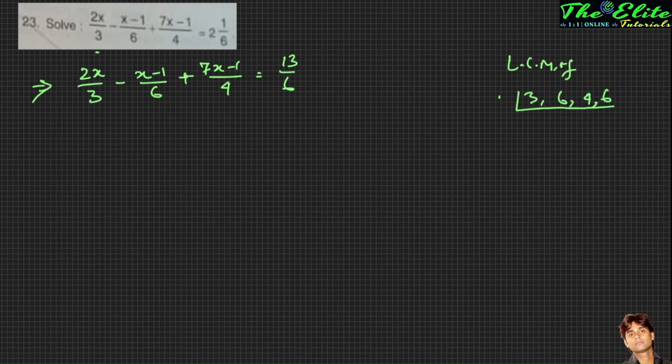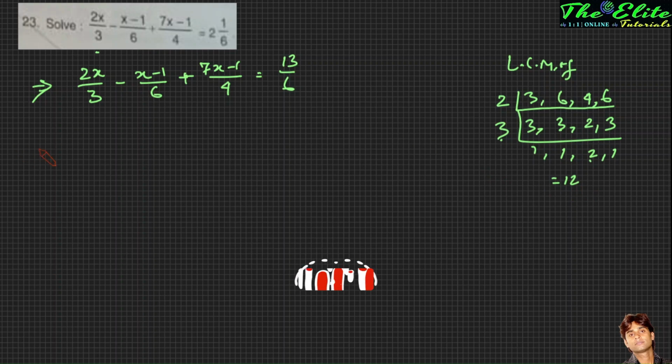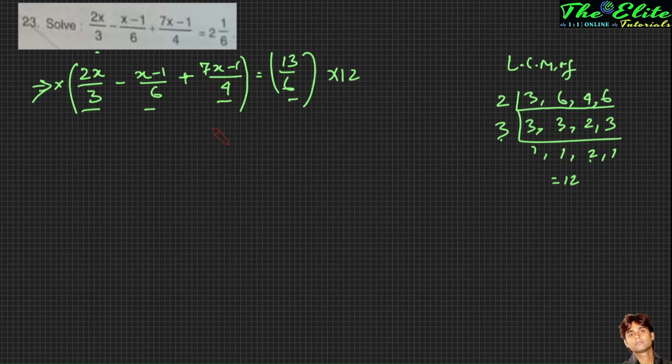It will be 2 times, I will take 3, 2 and 3. 2 times 3 is 6, 6 times 2 is 12. So 12 is your LCM, right? It means we can multiply each fraction here by 12. Each of the left hand side, each of the right hand side, or you can take the whole left hand side and multiply this by 12 here, and this also multiplied by 12. Scenario will be the same.